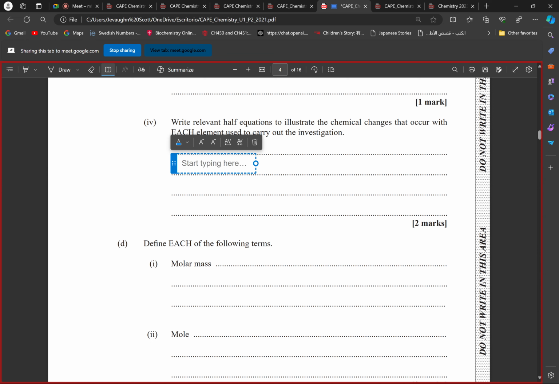Okay, since I like to write oxidation reactions first, Fe2+. It's going to lose an electron, my bad. So we're going to have an arrow, and then we're going to get Fe3+.